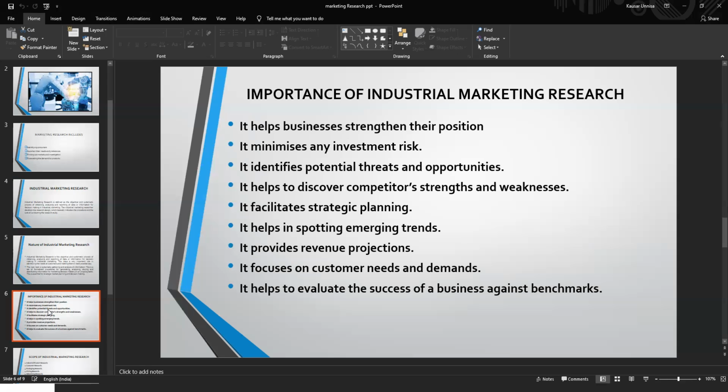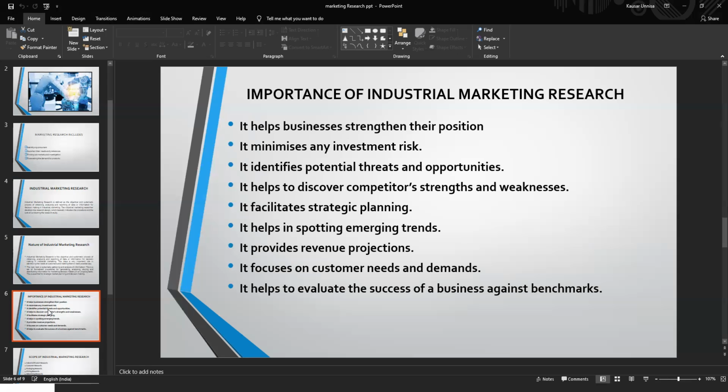It also helps to discover competitors' strengths and weaknesses, because we have to keep an open eye on marketing research. We need keen observation, and the information cannot be biased when we collect it.